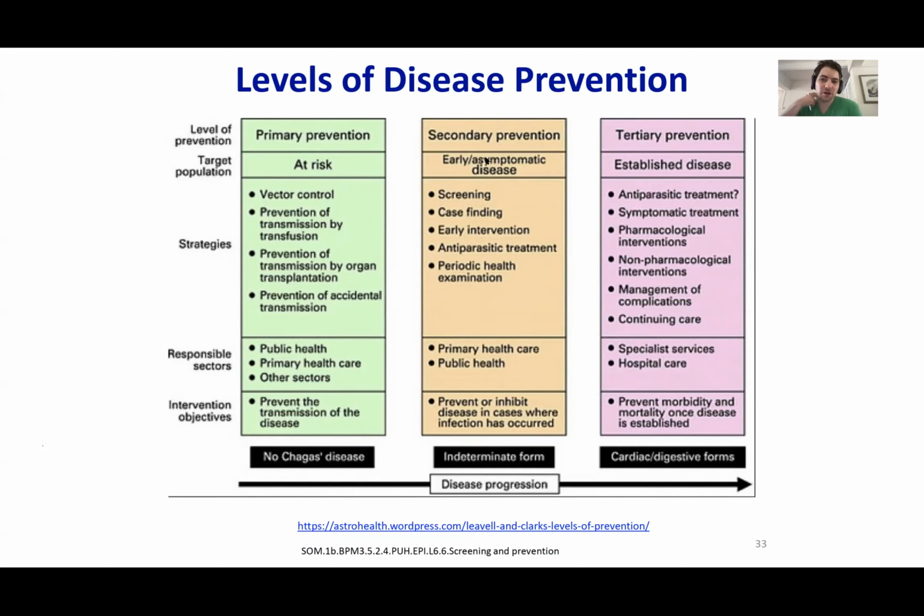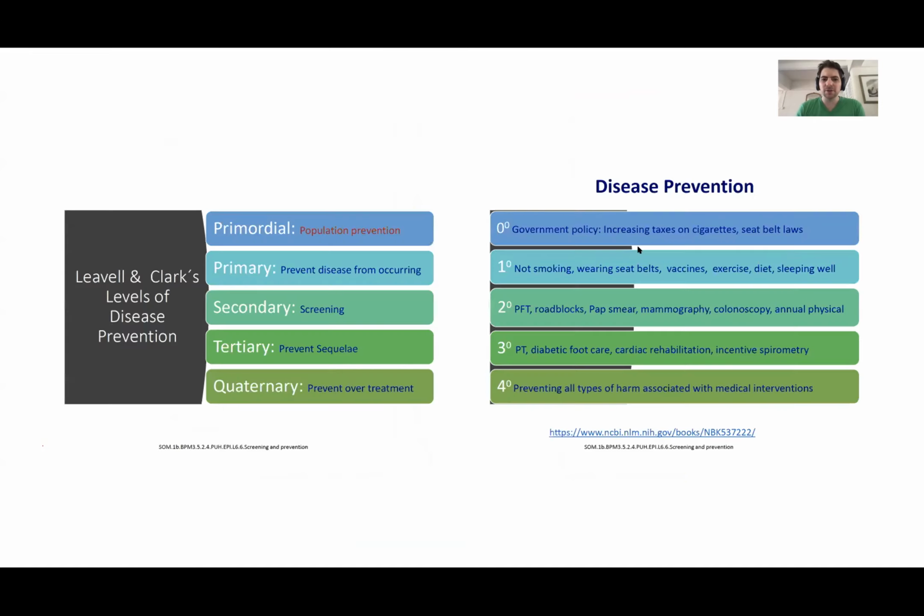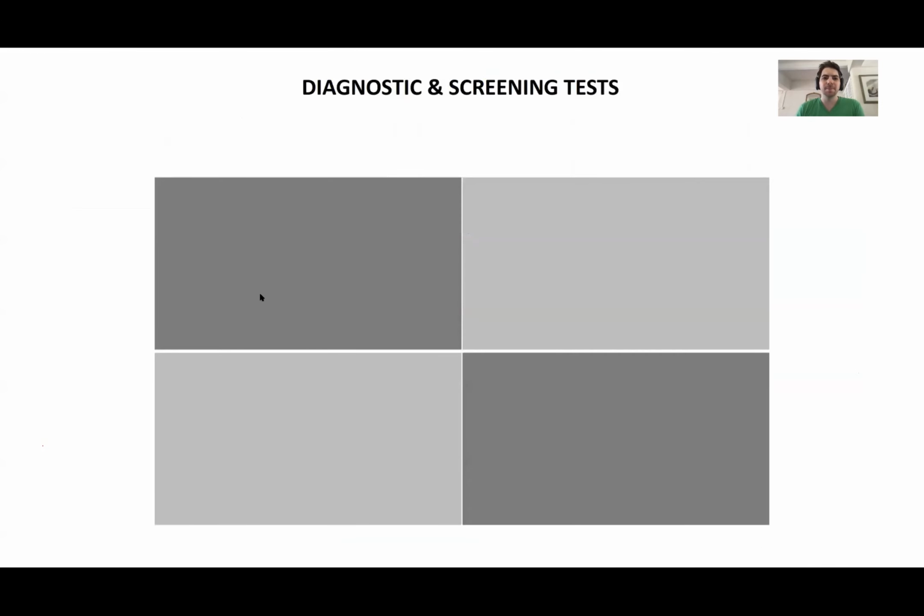Secondary is early or asymptomatic, so some sort of viral infection. Maybe you contracted COVID, but you're not symptomatic for it yet. And then tertiary, you have established disease. Each of these steps is going to correlate to different treatment regimens. So make sure you can correlate these, but know that even though they have a lot of the same terminology, they are different.